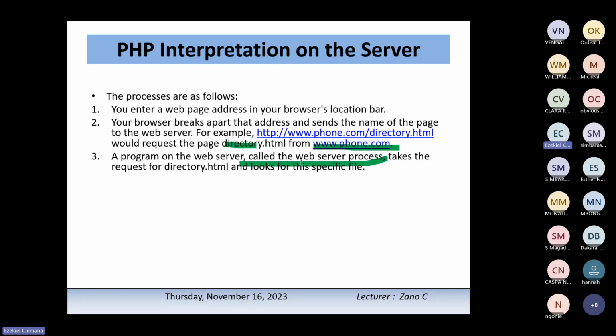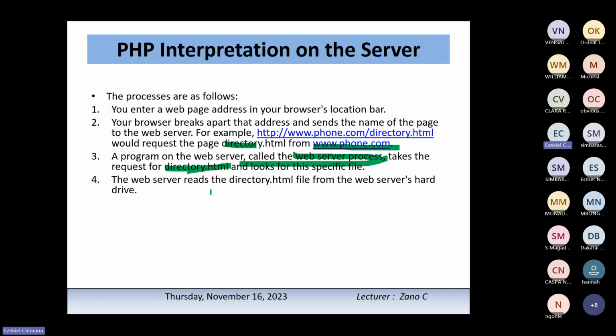If you look at this one, the web server process that we are talking about is now the PHP. It looks for this directory file and retrieves it from the hard disk, or from its storage, and then gives it as feedback.